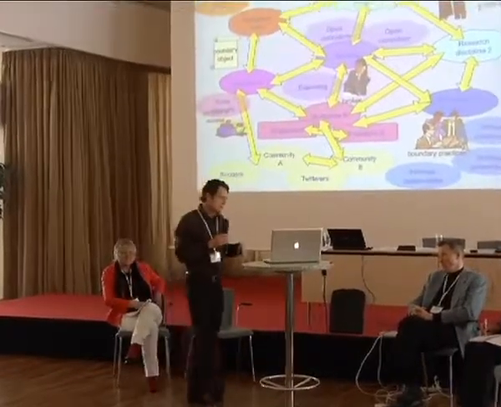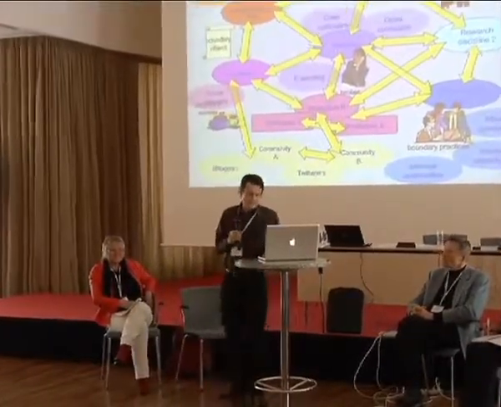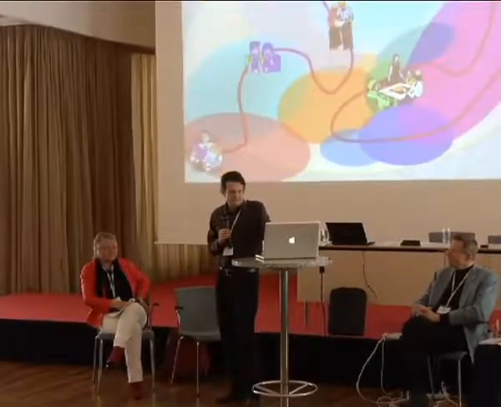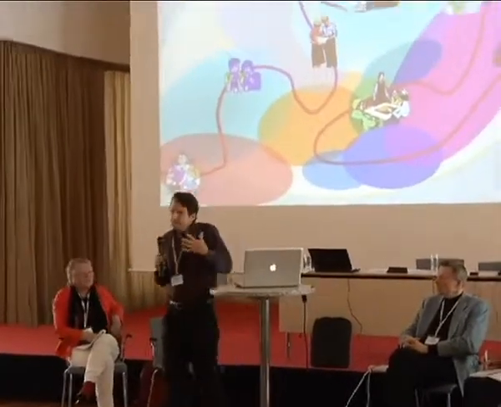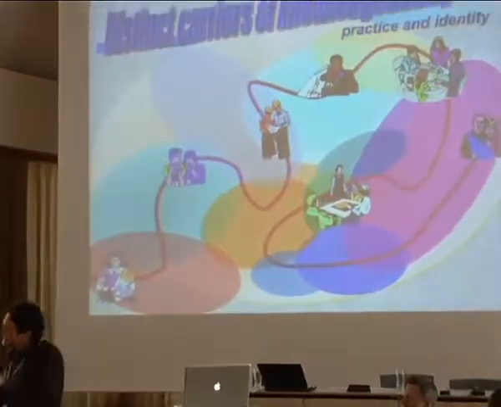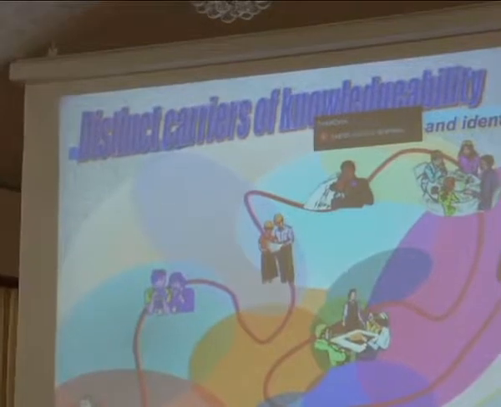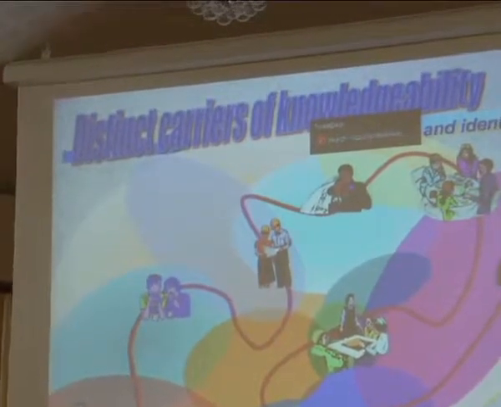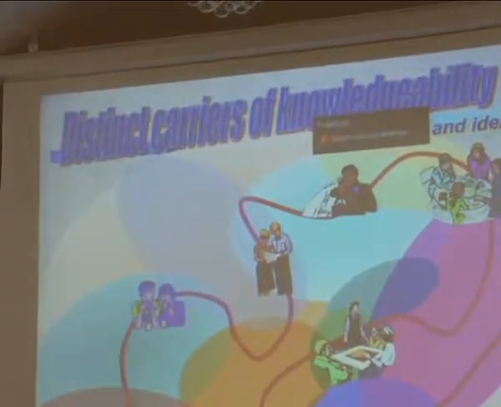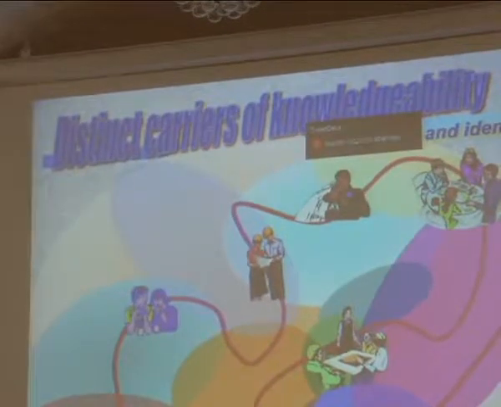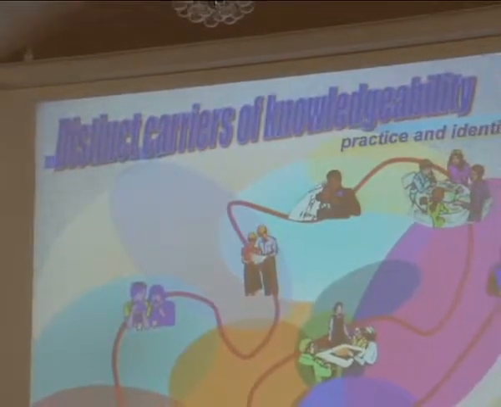So I think we are seeing an evolution here from the point of view of identity. And that means that from this perspective, there are different carriers of knowledgeability in the world. And so for me, a social practice is a carrier of knowledgeability, but so is your identity.